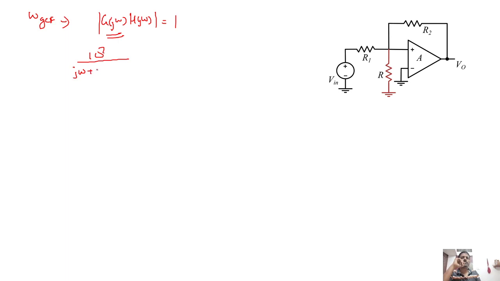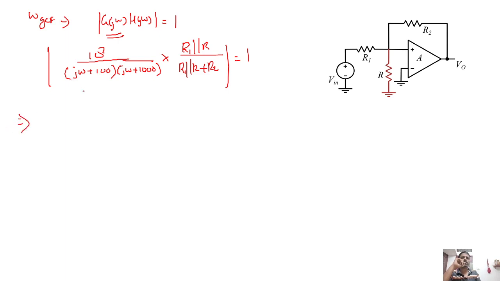plus 100) into (j omega plus 1000). So this is G of j omega, and that into H of j omega, which is R1 parallel R by R1 parallel R plus R2, equals 1. Here I'll write it in terms of the mode value.